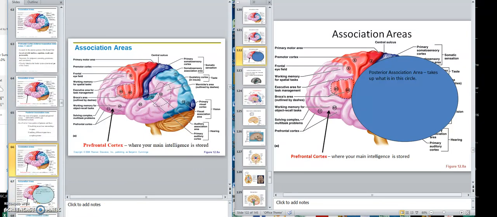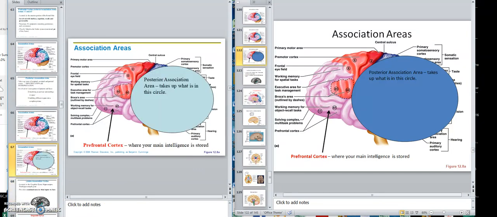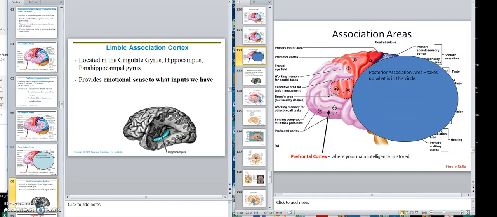These association areas. Okay, the limbic association area involves putting the emotions with it. Now I'm going to bring something up here real quick. The easiest thing to remember is something with an emotional involvement. In other words, if it's just visual or auditory, you'd remember it for a while.